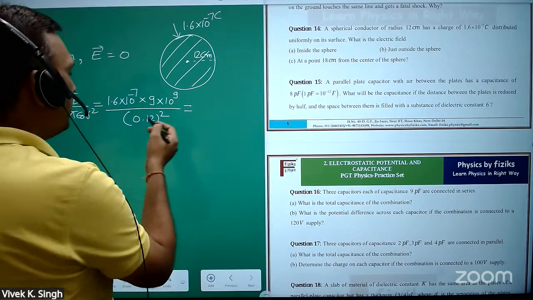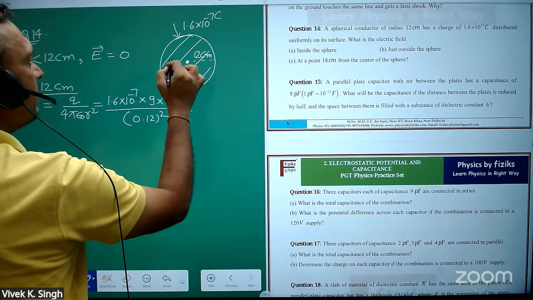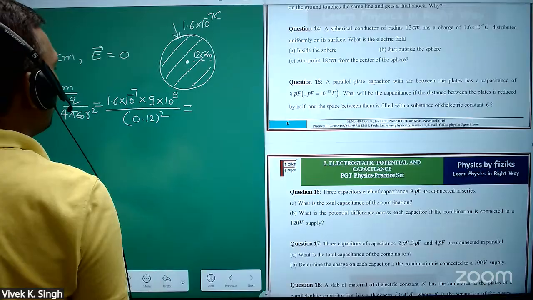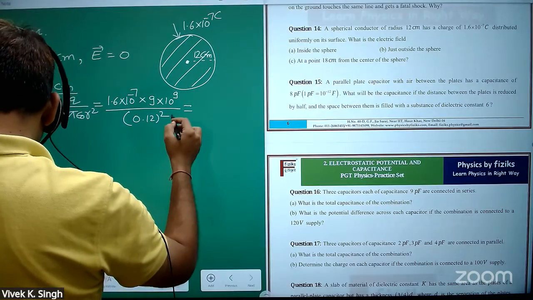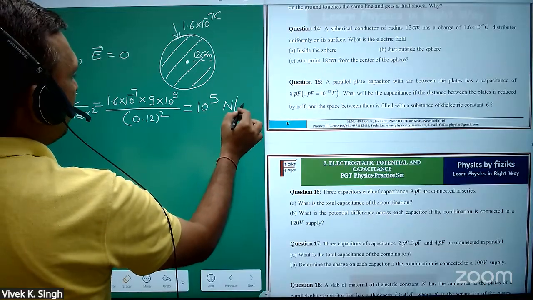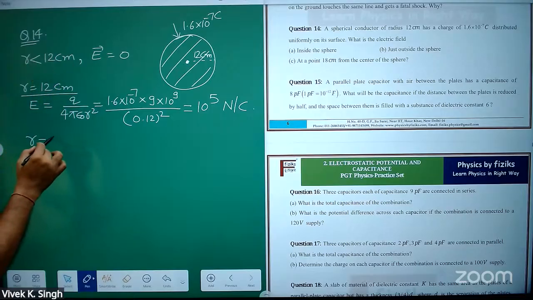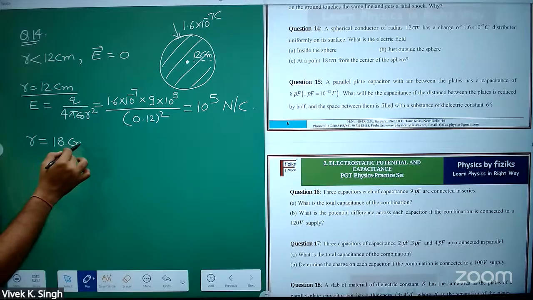It's a conductor, so you have to assume that all charges are concentrated at the center. So at distance r away, this is the formula, just like a point charge. And this value is 10 to power 5 Newton per coulomb.